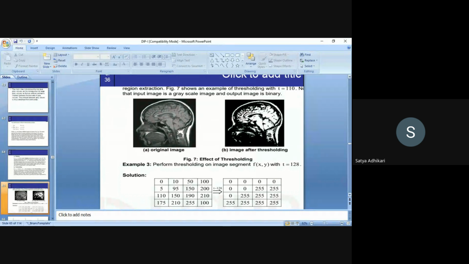The threshold value is taken as 128. You can take any threshold value, 110 or 120. The idea is any pixel value less than 128 is mapped to 0, and any pixel value greater than 128 is mapped to the maximum 255.